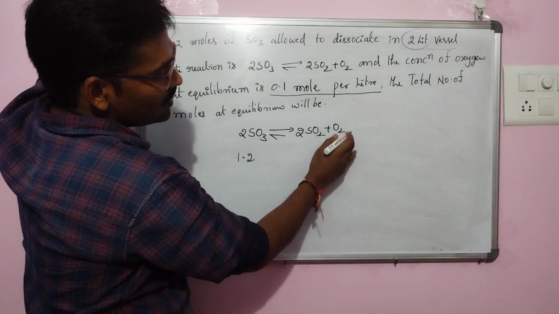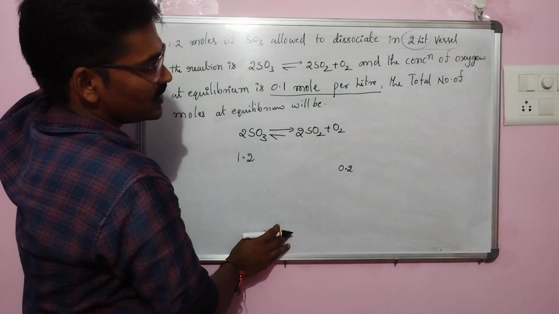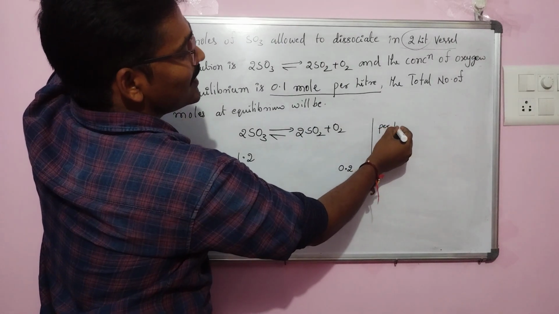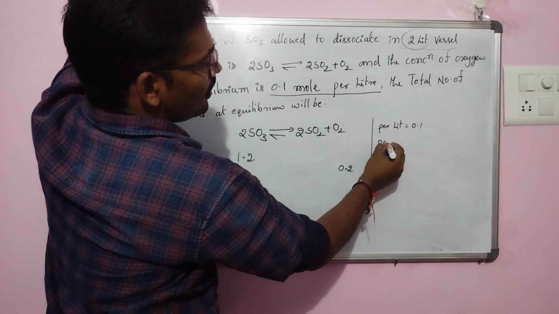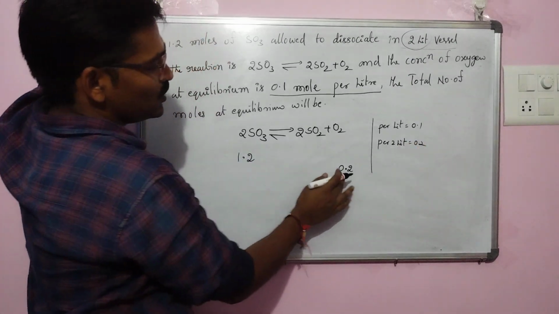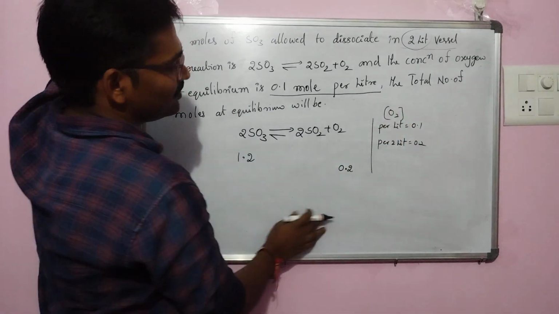That is why we take oxygen at equilibrium as 0.2. Remember that per liter it equals 0.1, and per 2 liters it equals 0.2. That 0.2 is the oxygen amount we are taking.